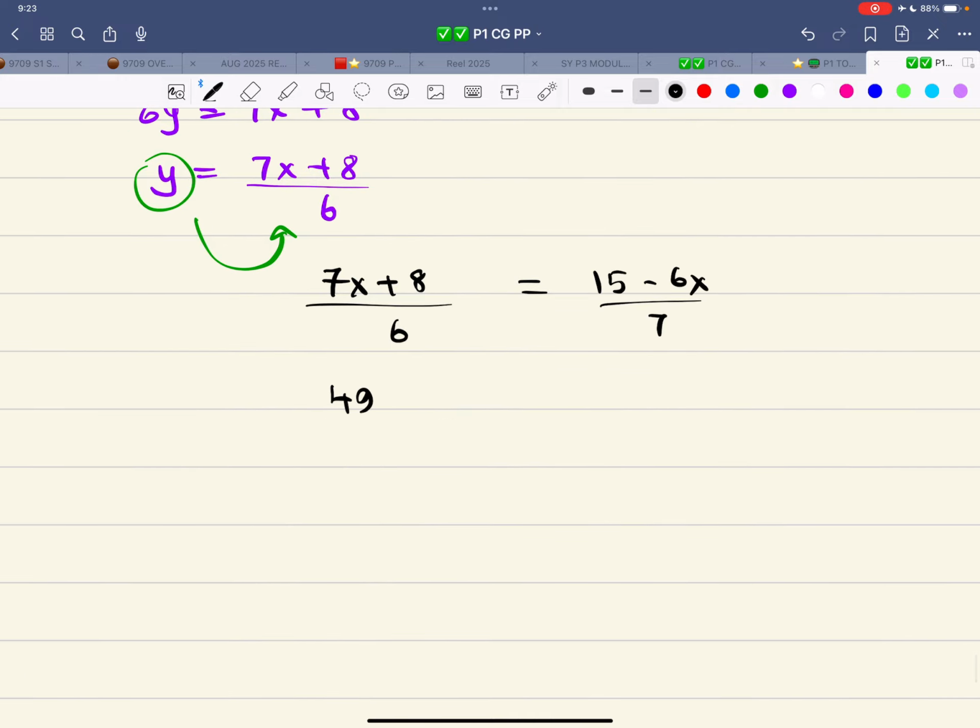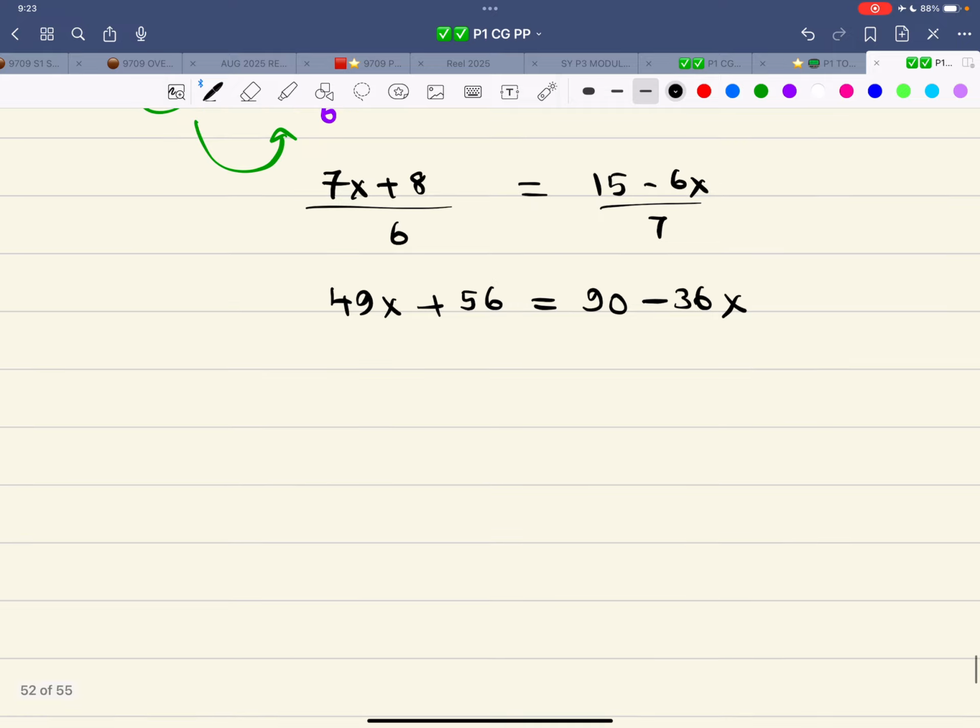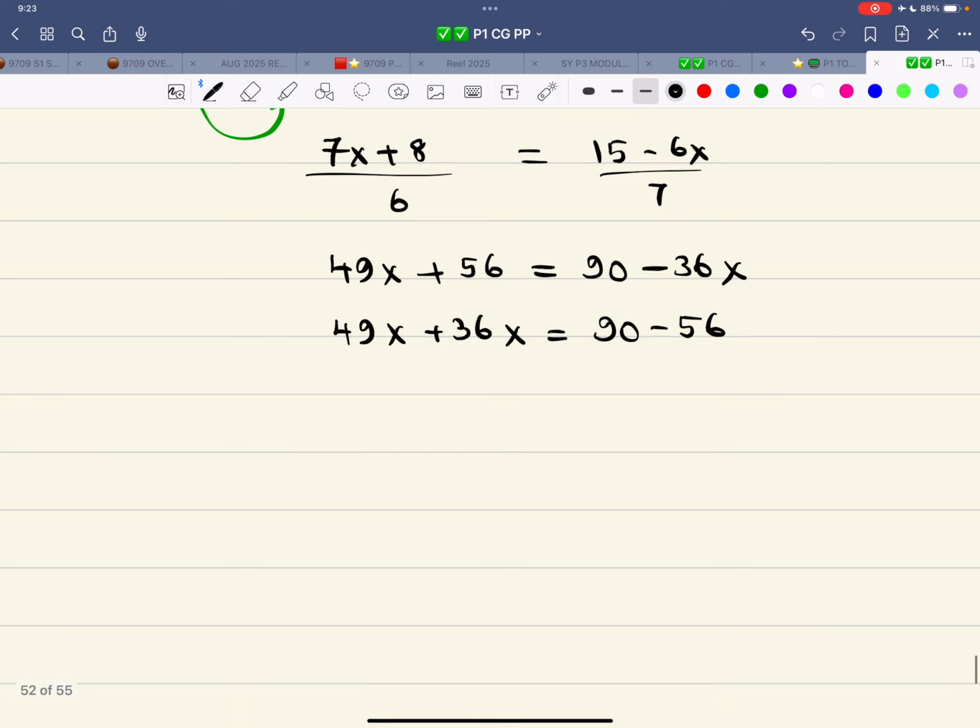This is 49x, 7 8s are 56, 6 into 15 is 90, that is 36x. 49x plus 36x, this is 90 minus 56. So 49 plus 36, that is 85x, and 90 minus 56 is how much?